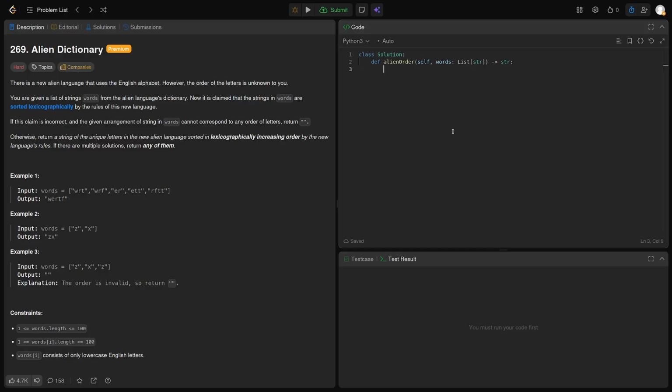So we do math, this should be K, K is 26, right? Let's do it like that so that people notice.